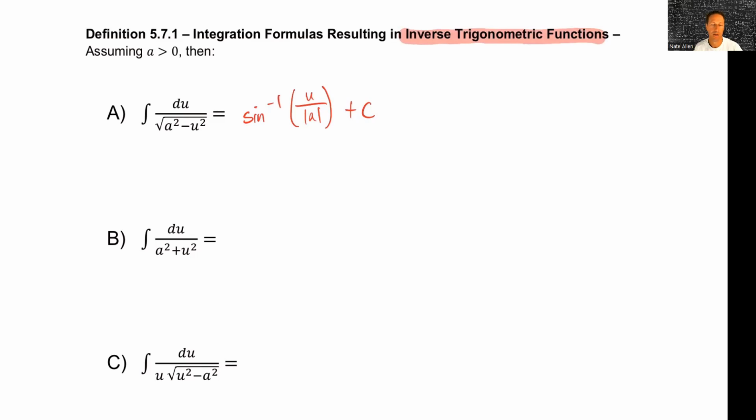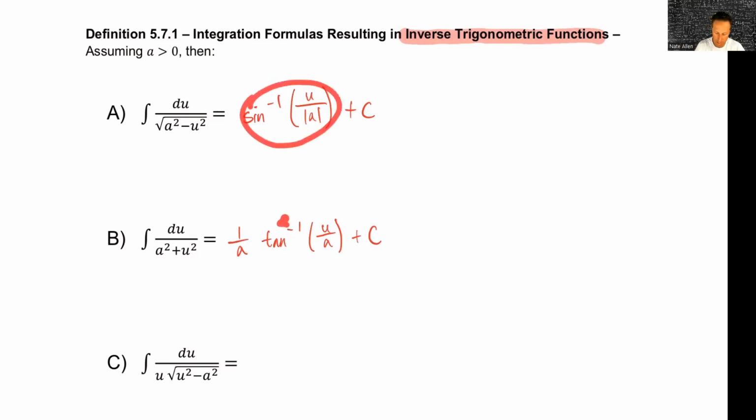Plus c as well, because hopefully we don't have to evaluate inverse trig functions, if you remember that from back when you took it. All right, the next one, a squared plus u squared in the denominator with our u derivative on top. That would give us inverse tan of u over a.